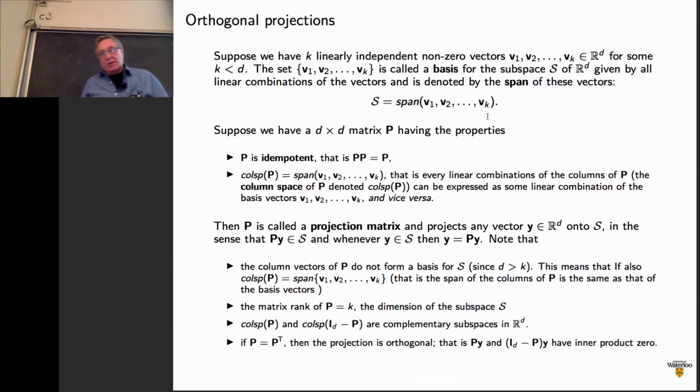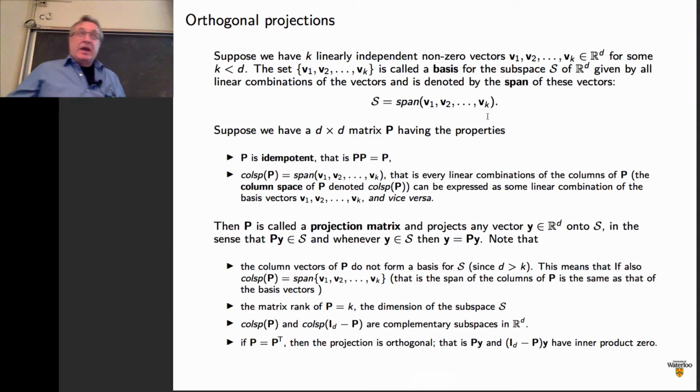So I want to remind you of some stuff from linear algebra. Think about vector spaces, here in real space. So we've got some d-dimensional real space and a collection of, importantly, k linearly independent vectors with k less than d. That set is a basis. So these are non-zero vectors.